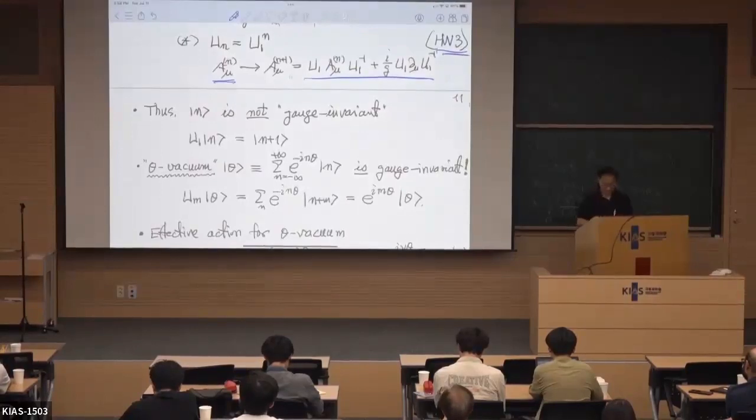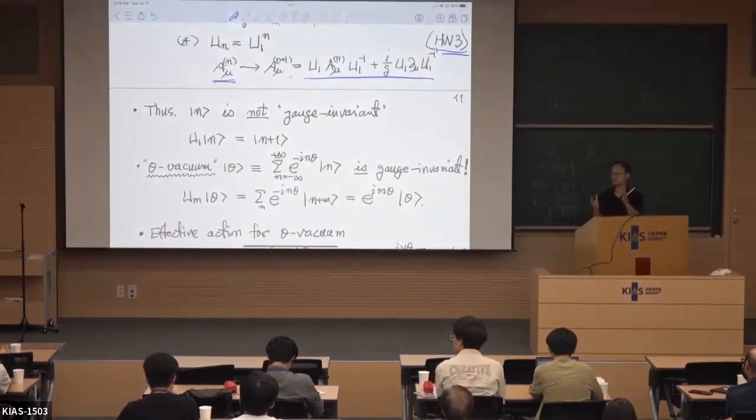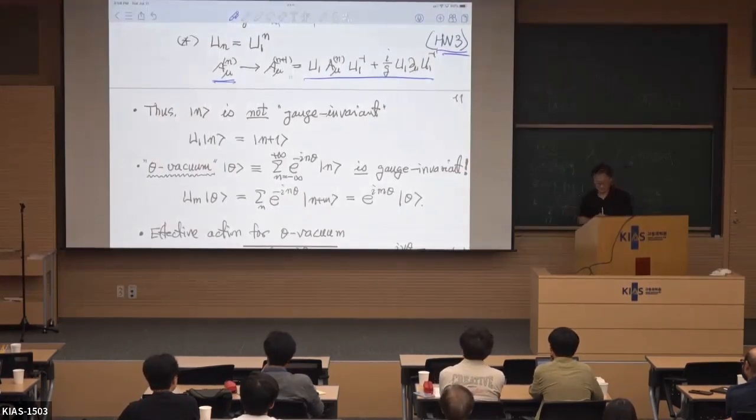So now we have the non-trivial gauge configurations with different winding numbers n, and all of them have vanishing energy density. So each n should be a vacuum state.